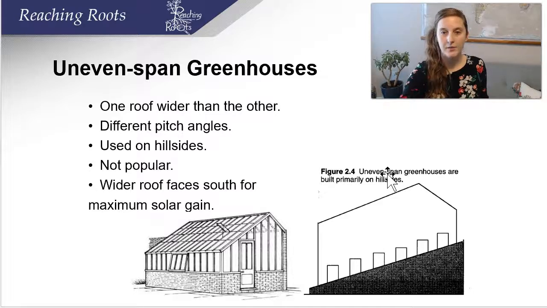There's different angles of the pitch. It's used on hillsides. It's not quite as popular, but it can be really good for a side hill, as I mentioned. The side where there's more surface area is usually pointed south, since there's more heat units can be gathered from that direction.